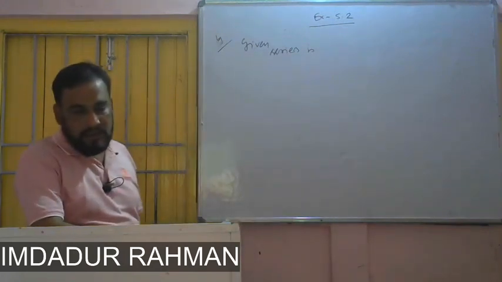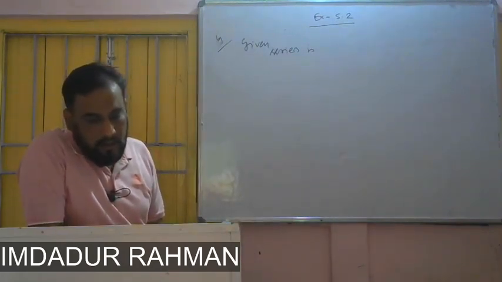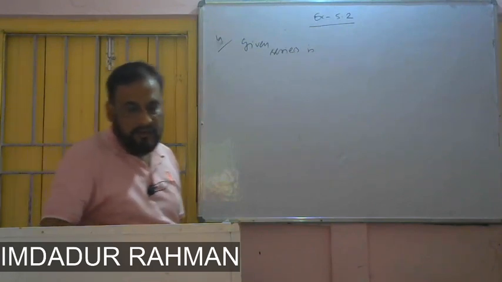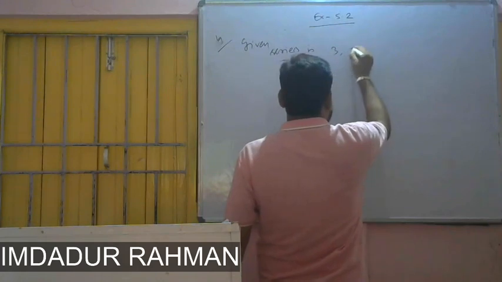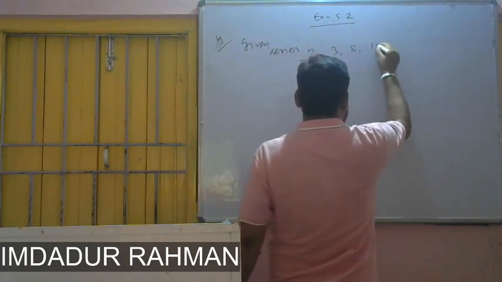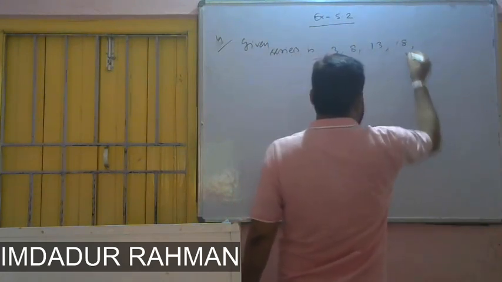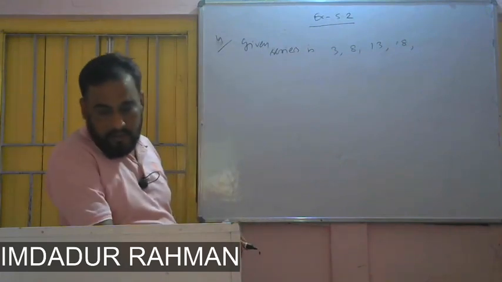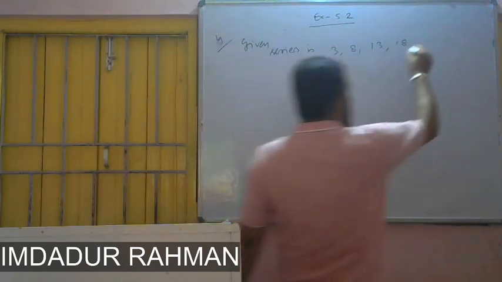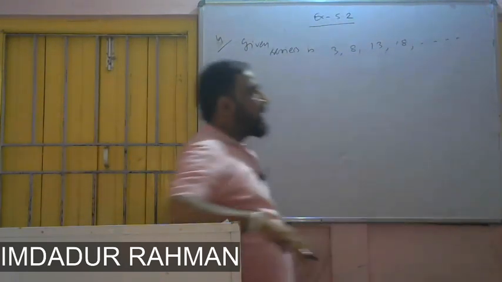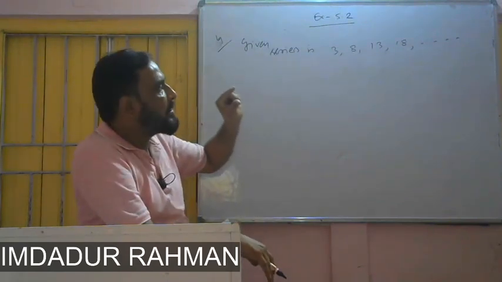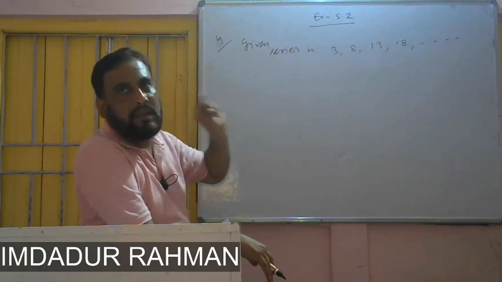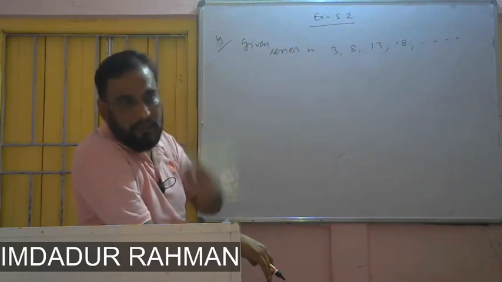Write down the series: 3, 8, 13, 18, dot dot dot. In this series, one term will be 78, and we have to find out which term it is.